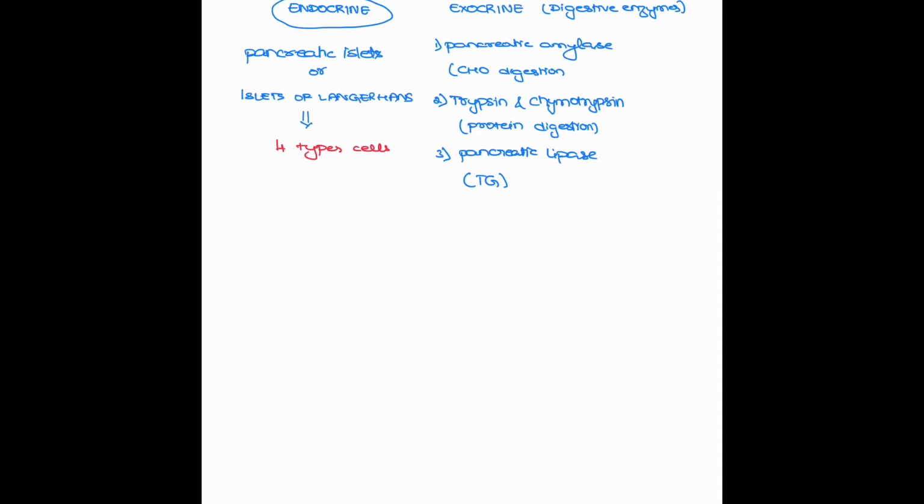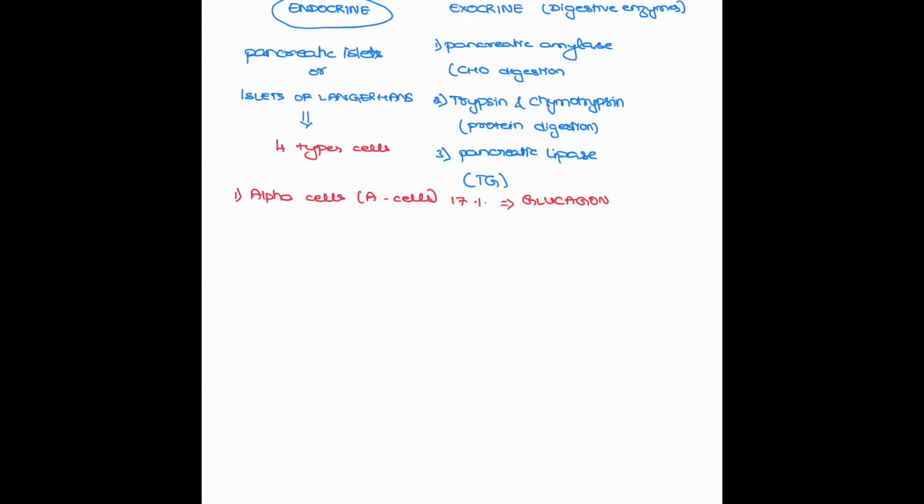Among these 4, the first one is the alpha cells, which are also called A cells. These constitute about 17% of the islet cell mass, and they secrete glucagon.